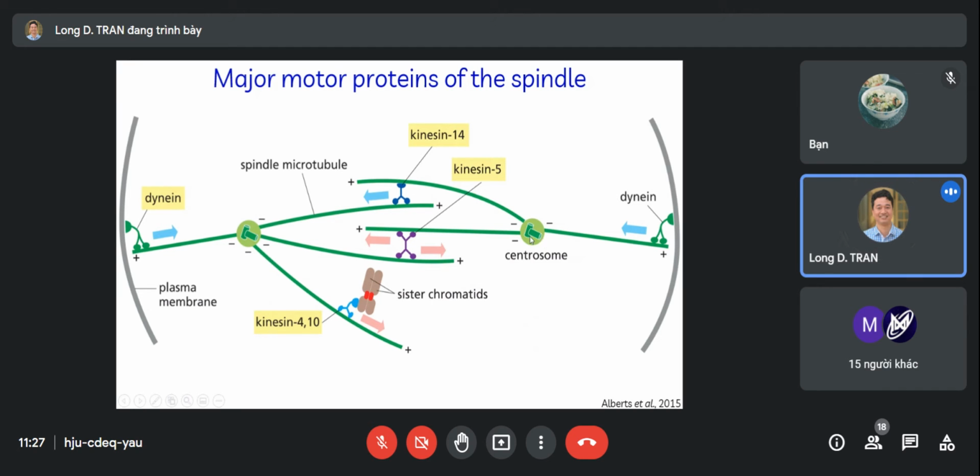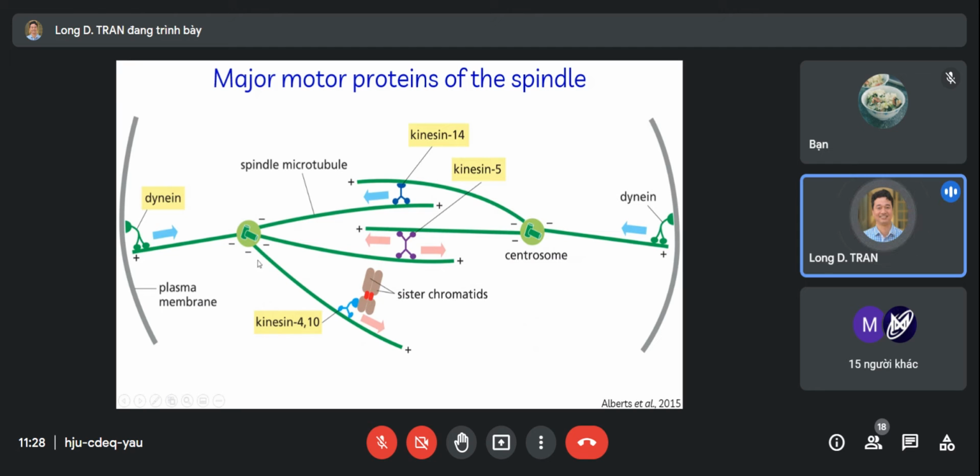Together with the pushing of kinesin 5, the microtubule keeps growing on the plus end, and therefore during the anaphase, we can see the elongation of the mitotic spindle, as well as the separation of the two sets of chromosomes attached to the kinetochore microtubules.